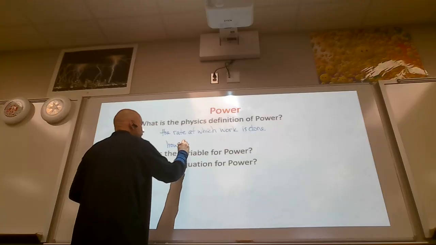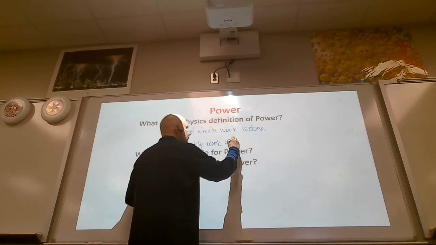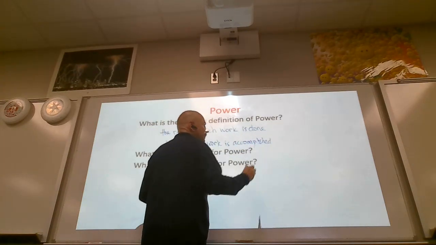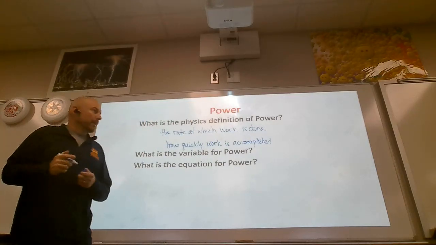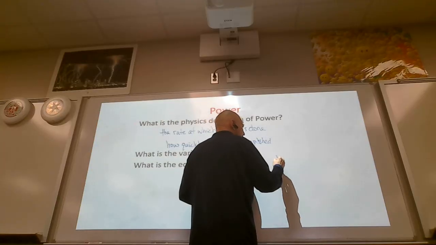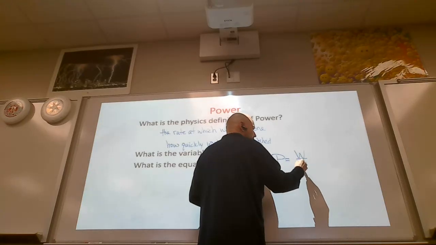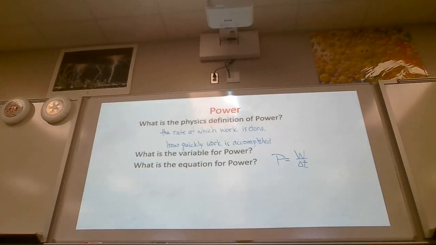Or how quickly work is accomplished is another way to say that. The equation for power is work, and power is capital P, over time. The rate at which work is done. Good with that?